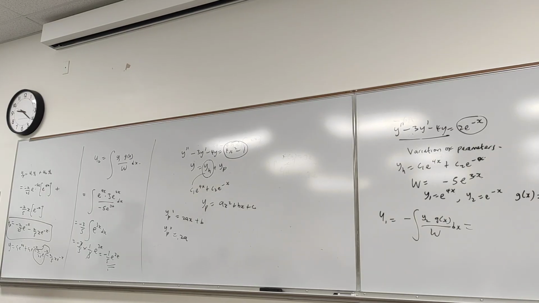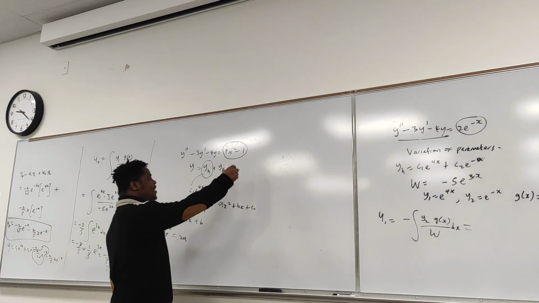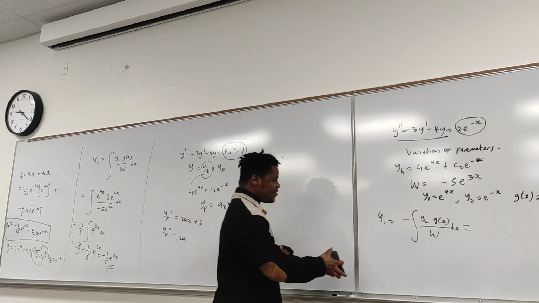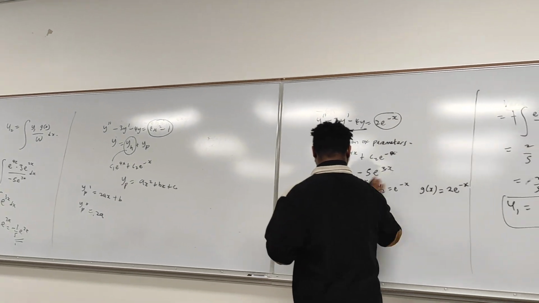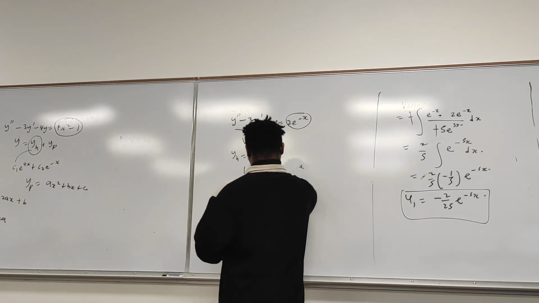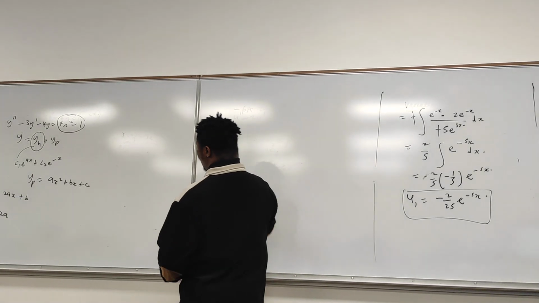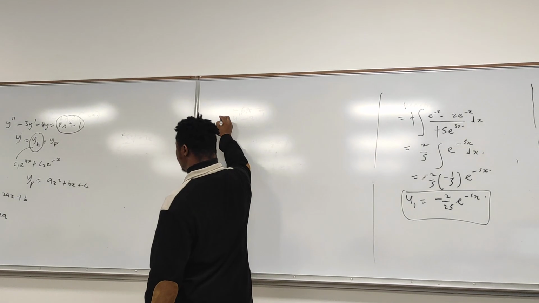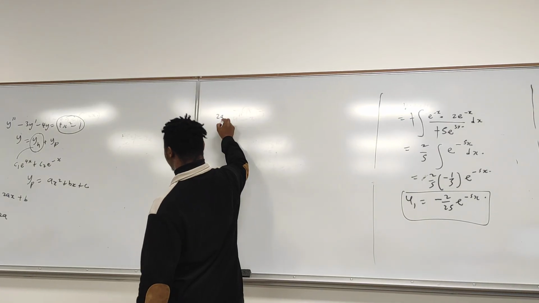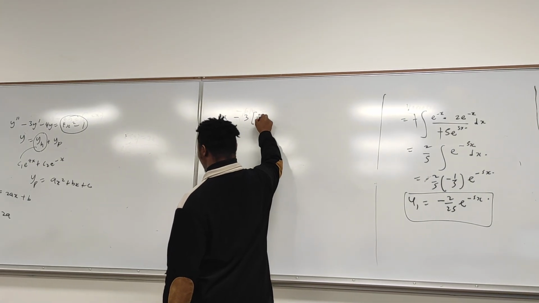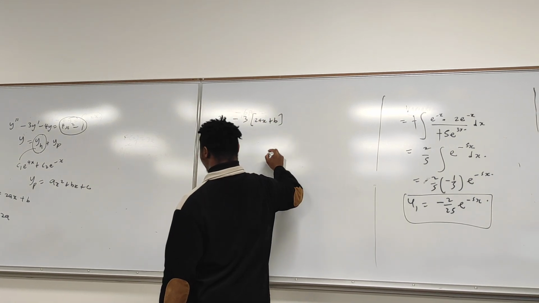Okay. So if we plug it inside our original equation, y prime prime becomes 2a, minus 3 y prime, which is 2ax plus b, right?